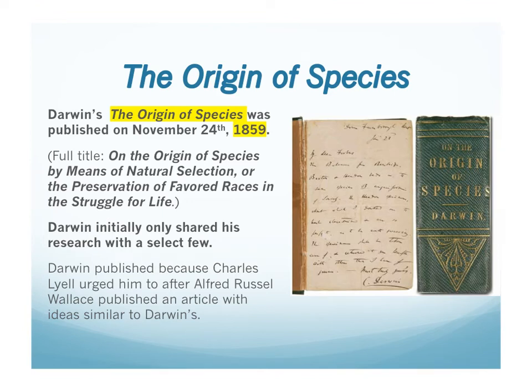So in Darwin's book, The Origin of Species, you are responsible for remembering that, and take a look at the time. This is also about the time Gregor Mendel came about, okay? Darwin didn't share his research outwardly. He only shared it with a select few, some of his colleagues. He actually decided to go ahead and publish his works after Alfred Russel Wallace published an article with ideas similar to Darwin's.